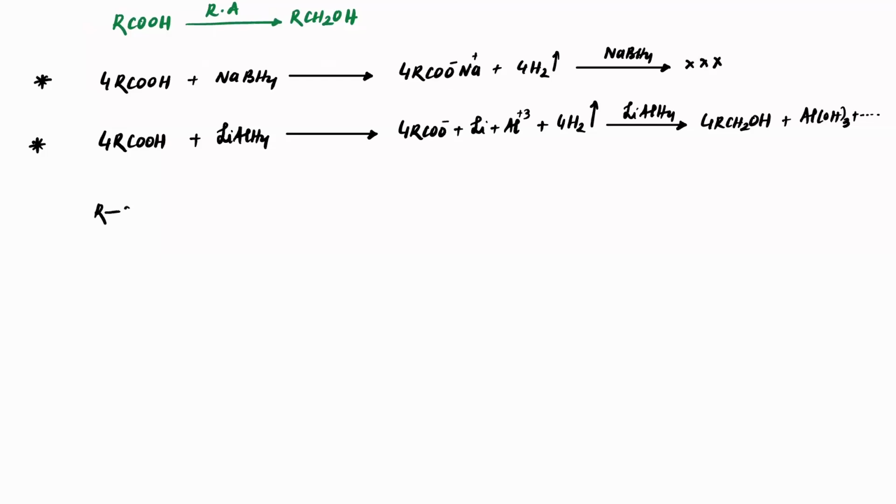When you have RC double bond O and we have O minus here, after release of that H plus, this O minus is in strong contact with AlH3 minus, after releasing one H plus as H2 gas. This is how the first mole has reacted.